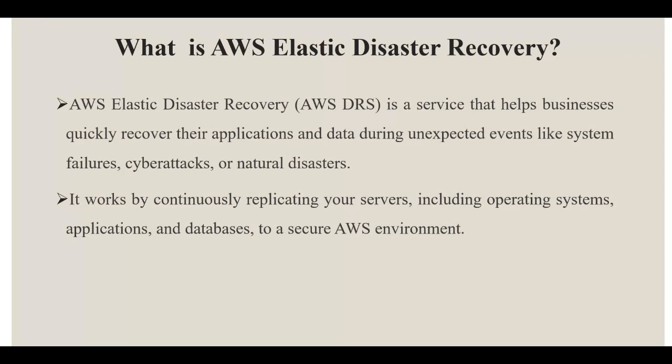AWS Elastic Disaster Recovery, also known as DRS, is a service that helps businesses quickly recover their applications and data during unexpected events like system failures, cyber attacks, or natural disasters.